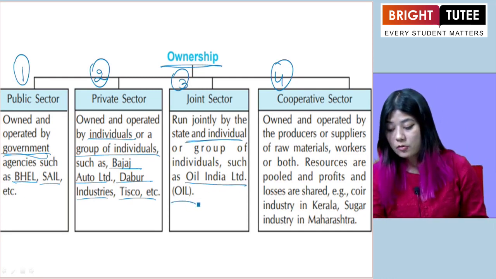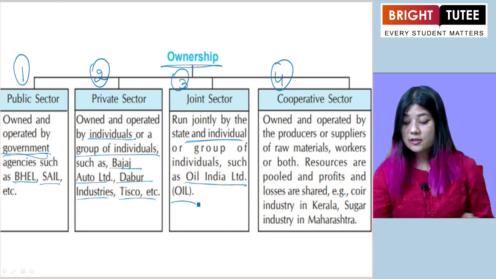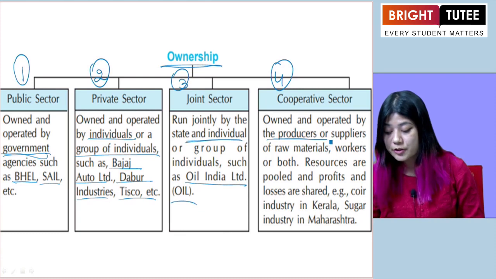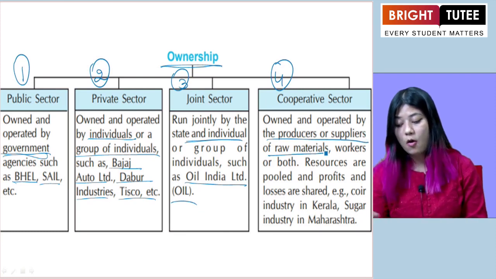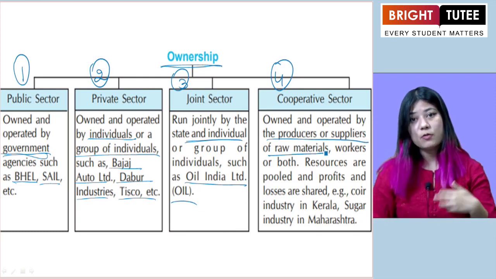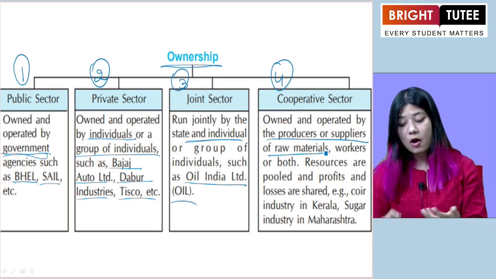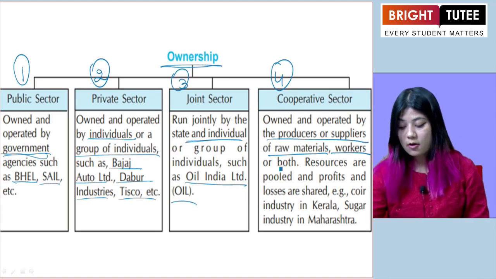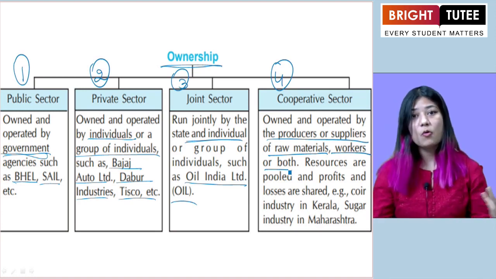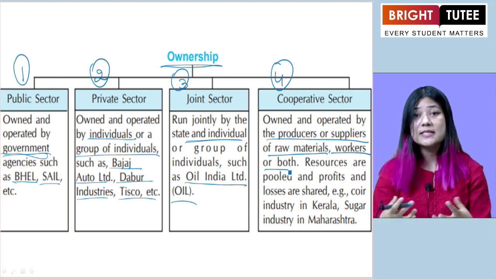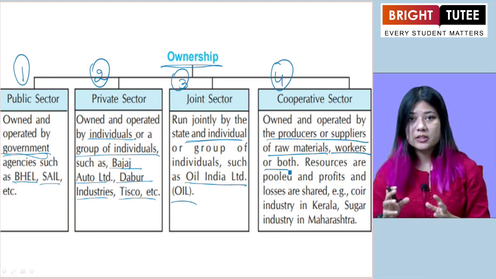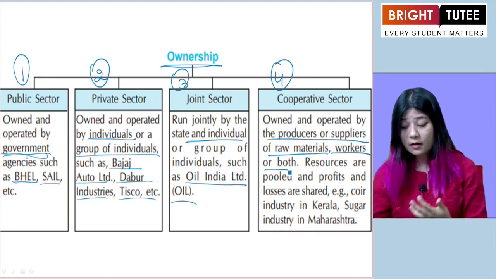In the cooperative sector, the industries are owned and operated by the producers or suppliers of raw materials, the ones who are producing the goods or supplying the raw materials, or workers, or both. So it's a cooperative. All of them take part in a way that suits them and they manage the operation of the industries.